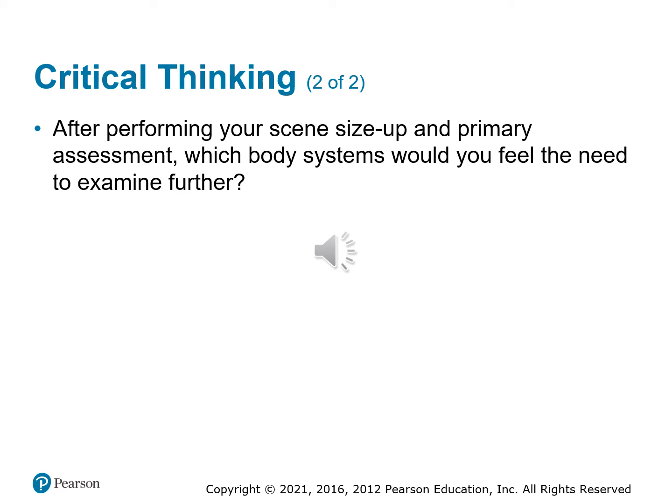After we perform our scene size up in the primary assessment, again, those ABCs, which body systems would you feel the need to examine further? We have an altered mental status patient. We know that the brain is part of the neuro system, right? So let's check the nervous system out.